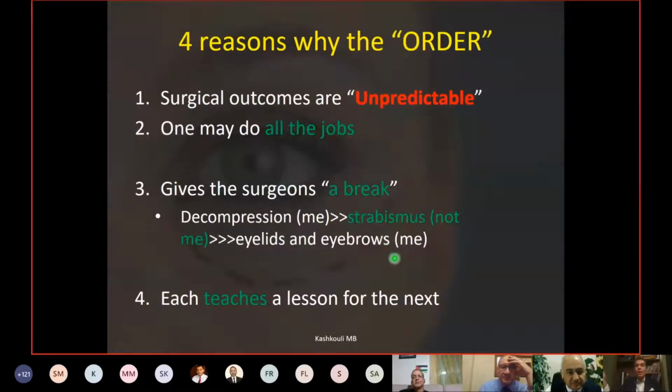You see the patient for a long time, you go through orbit, send them, I'm not doing a strabismus, I'm sending it to my colleagues to do a strabismus, then come back for the eyelid, and this is a break for me. And each session of surgery teaches me how to proceed with the further procedures. These are the 4 reasons I still keep the order of surgery, in spite of some of our respected colleagues mixing parts of these surgeries and performing those procedures all together.